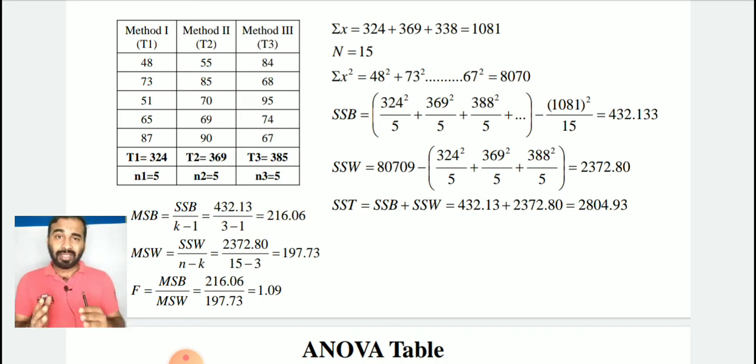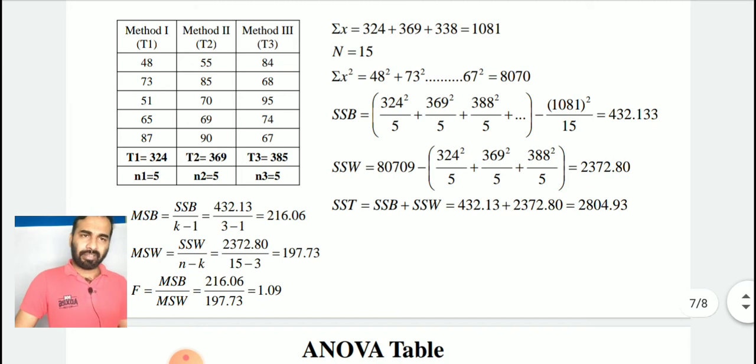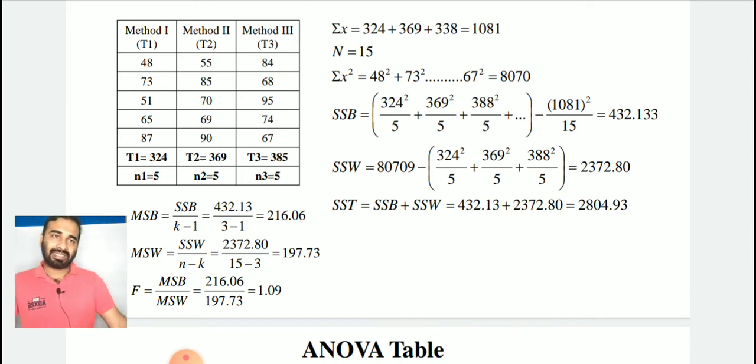What will be the variance within the samples? SSW: sigma x square, which is 80,709, not 8,000, minus the same thing, 324 square divided by 5 plus 369 square divided by 5 plus 388 square divided by 5, is equal to 2372.80.